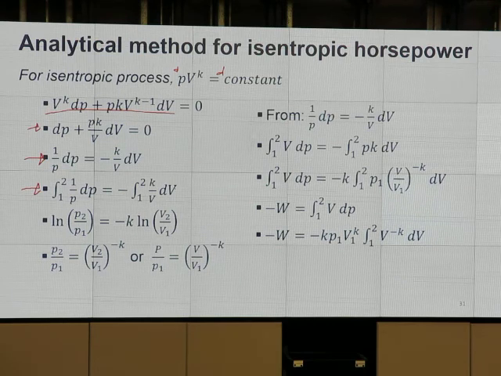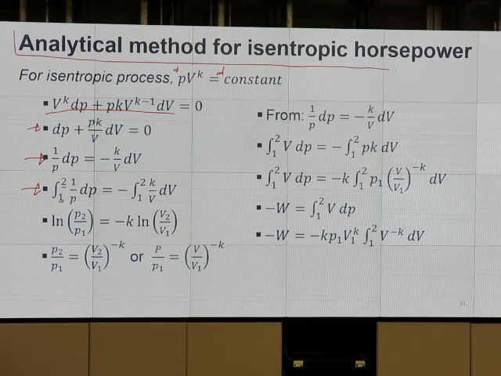What is condition 1 and what is condition 2? This is the derivation of the analytical method for isentropic horsepower.